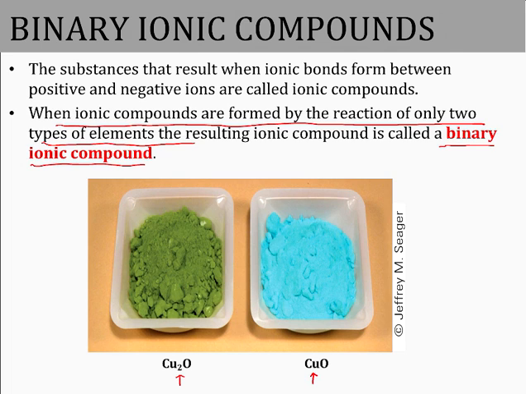What we're going to talk about in the next lecture is the fact that some transition metals can have more than one charge. But for now, just keep in mind that there are different types of binary ionic compounds, even if you have the same two elements.